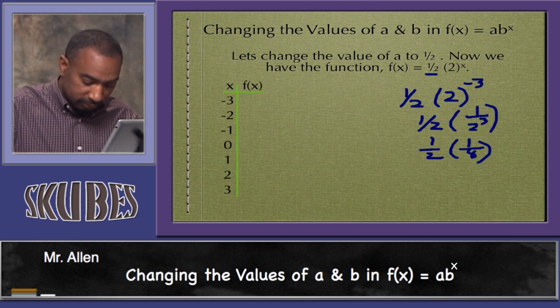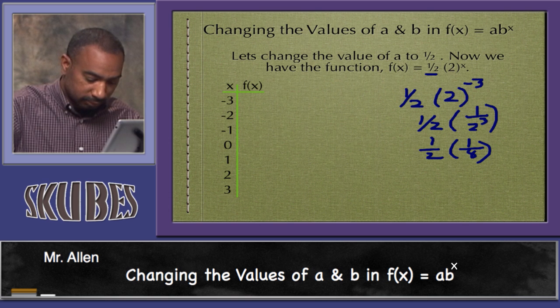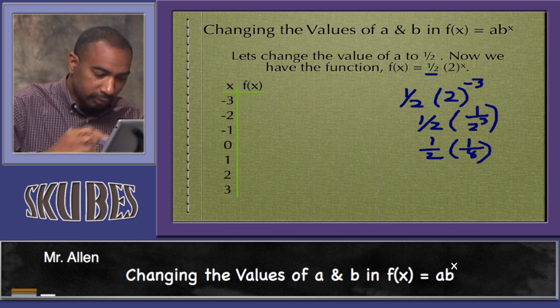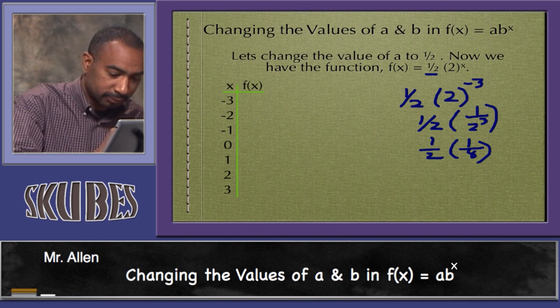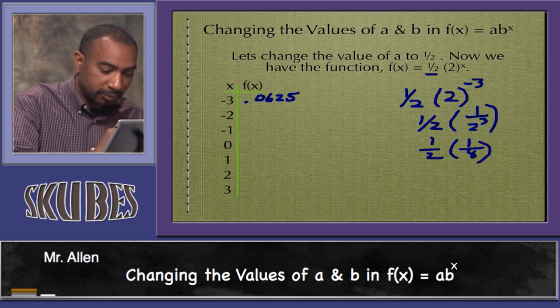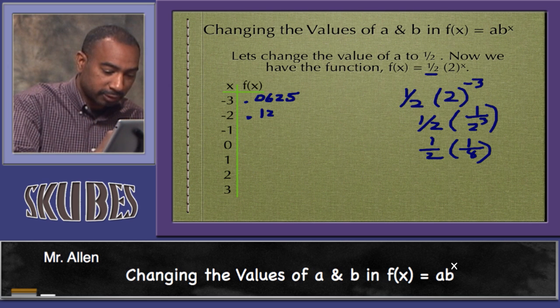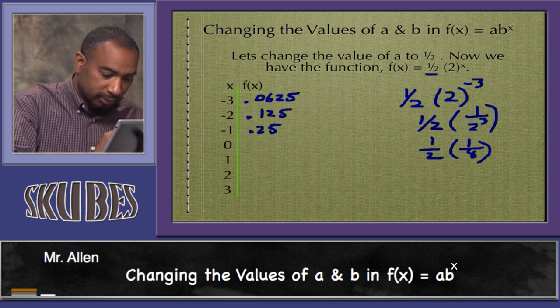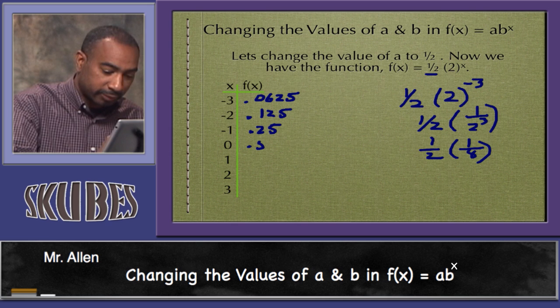When you do that, you're going to get this decimal here, 0.0625. And if you continue, you're going to get 0.125. 0.25. This is going to be a half though, 0.5.